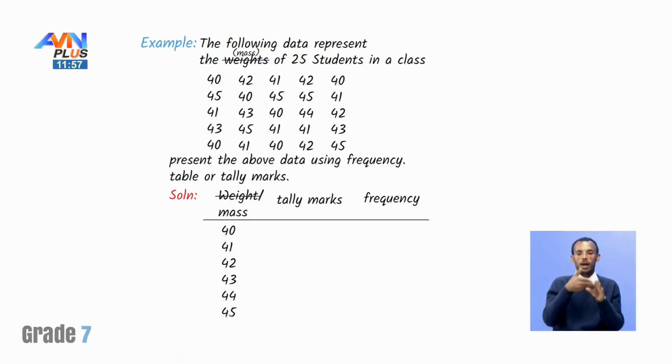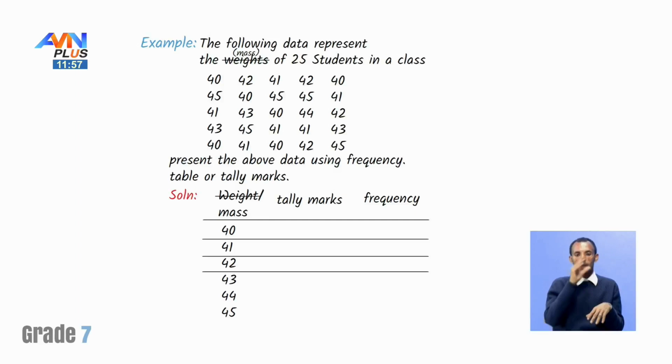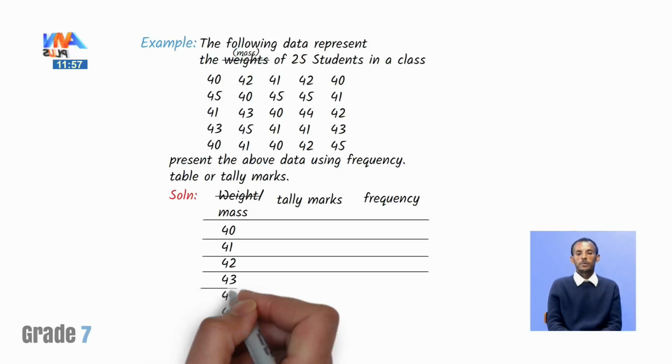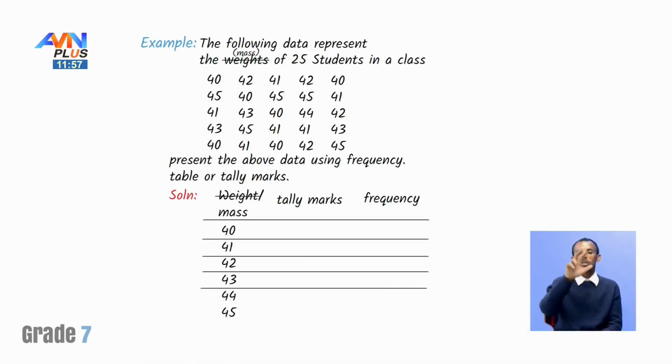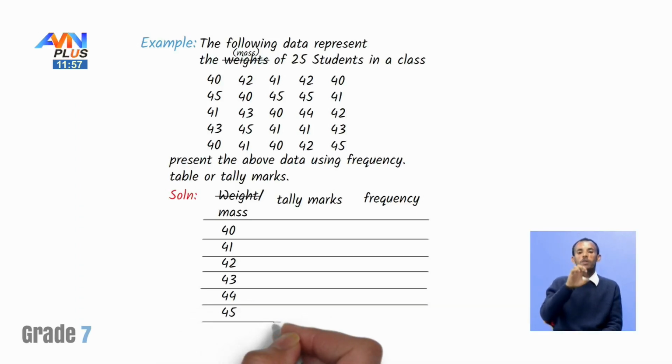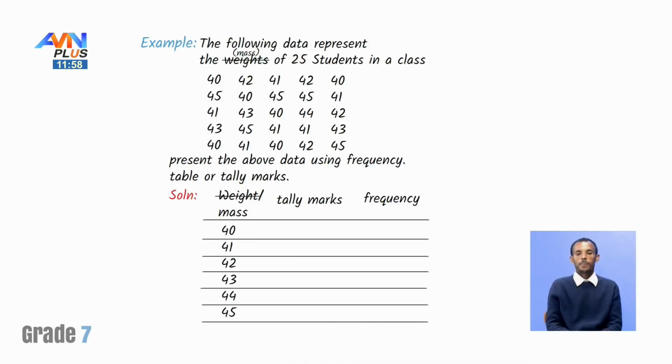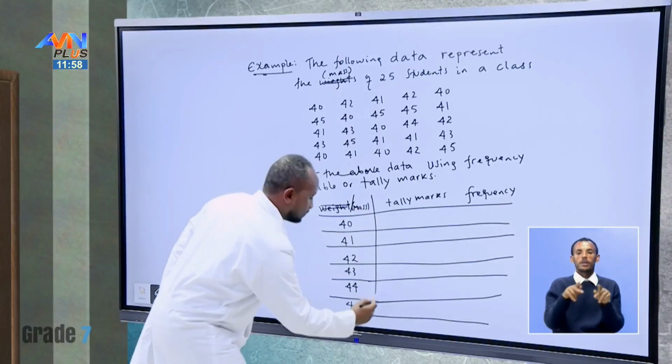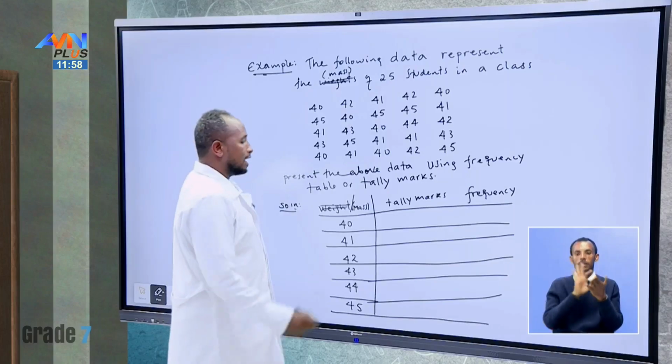So we'll count how many times 40 happens, and 41, 42, 43, 44, and 45. Okay, so let's count. Let's put the tally marks.